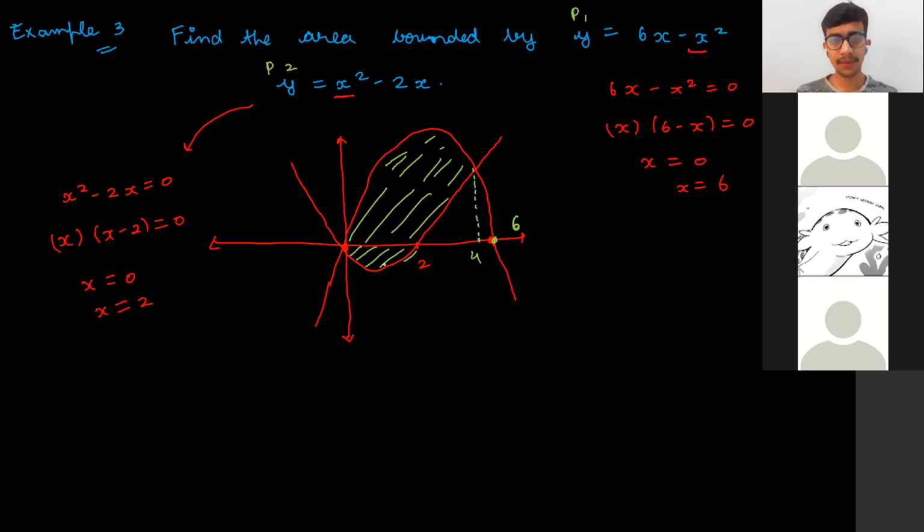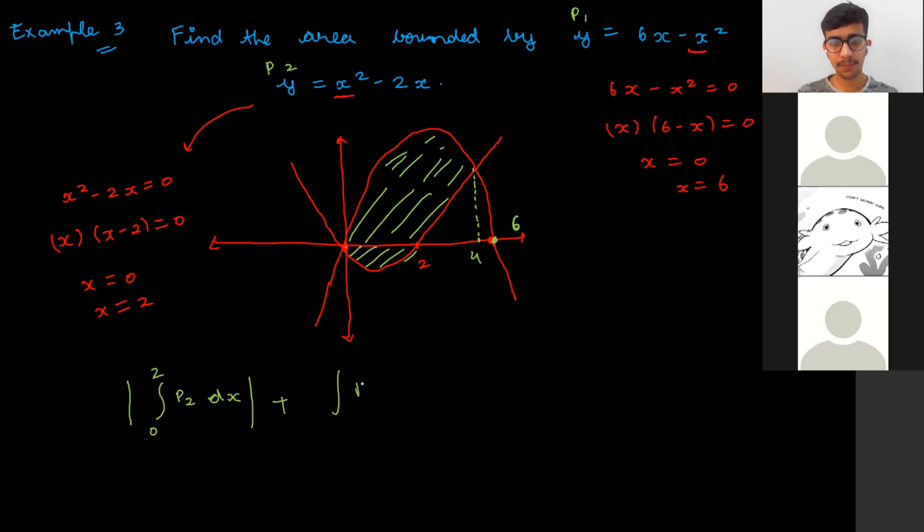is I'll first calculate this lower area, beneath the x-axis. So that means modulus of integration 0 to 2 parabola 2 dx plus the upper area minus the lower area. That means upper area is from 0 to 4.